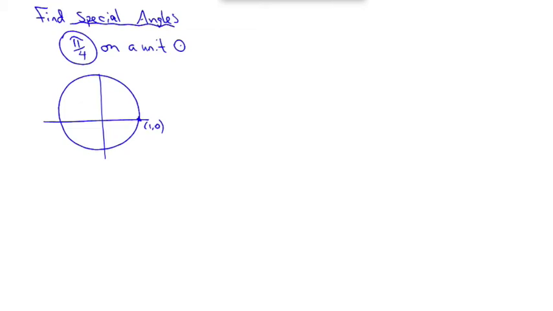Pi over 4 is 45 degrees. You just draw it. It's half of that quadrant.